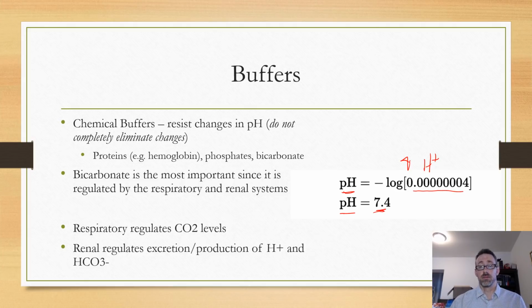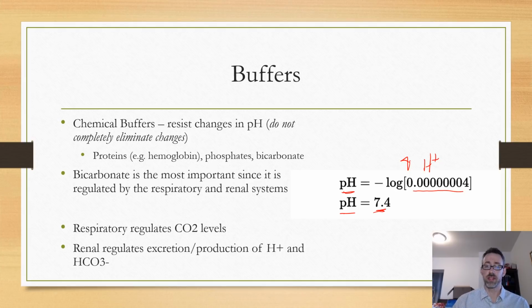So, the respiratory system regulates the CO2. So CO2 levels can actually change the way our buffers behave, like our bicarb buffering can behave. So bicarb and CO2 become major players in our ability to regulate acid-base balance, simply because we can regulate them with our respiratory system and our renal system, and we can make adjustments in those two systems to help offset some of these changes.